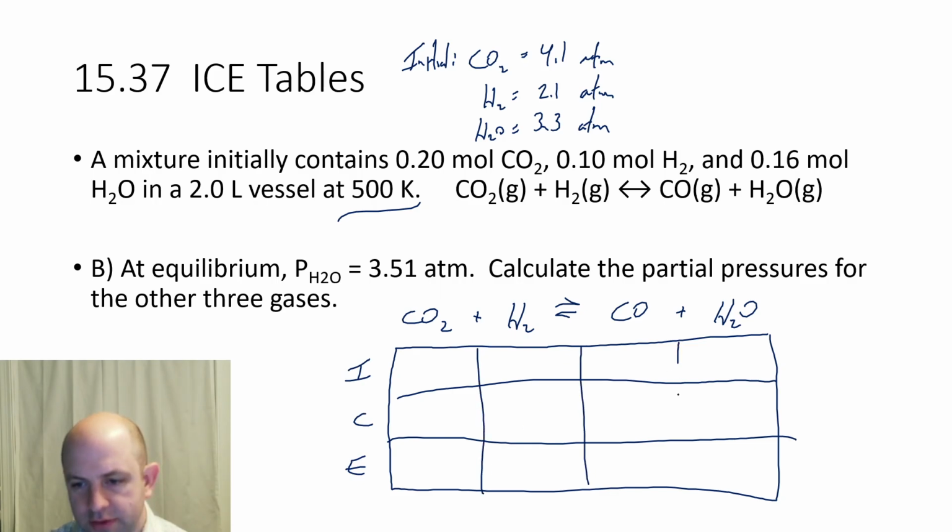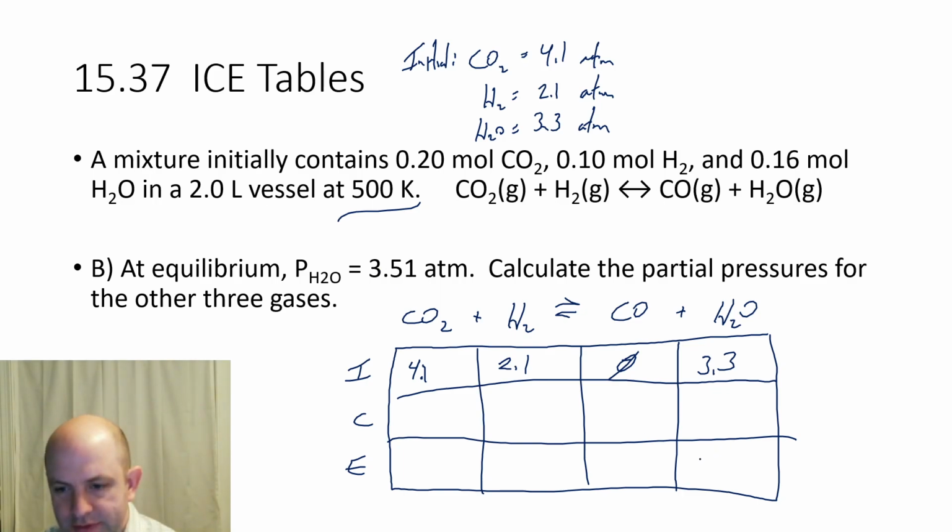We'll make our columns, and so we can plug in our initials. Carbon dioxide was 4.1. Hydrogen was 2.1. Water was 3.3. And because nothing was given there, carbon monoxide must have been 0. It wasn't mentioned. The only one they give us is that water is 3.51 at equilibrium.